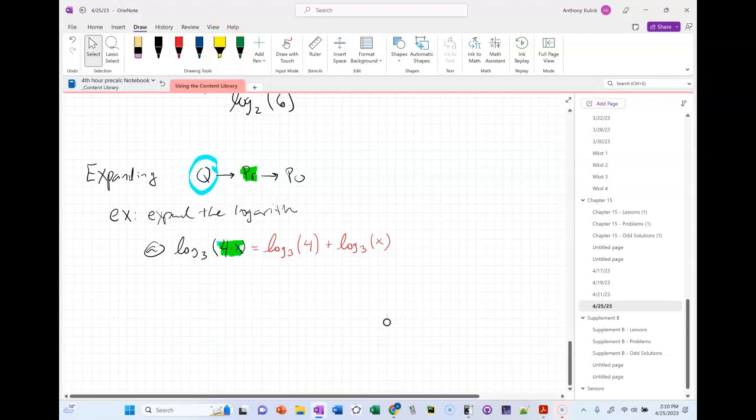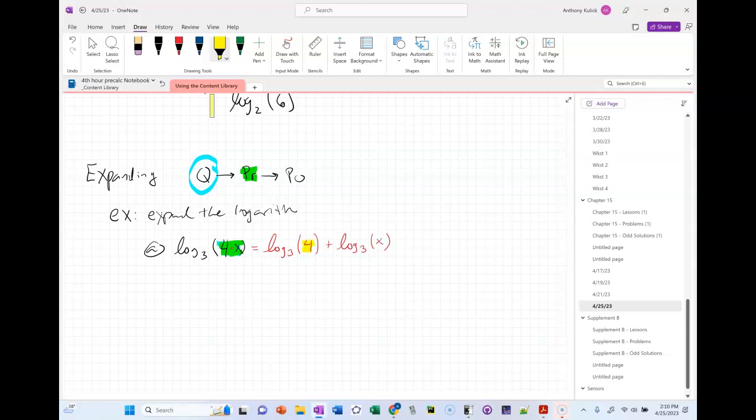Now I'm going to take a look at each of these logarithms and see if there are any power properties on the inside. Do we see any power properties going on? Well, look carefully, because there is one, but I've hidden it because I'm a sneaky jerk. Do you think it's happening with the 4 or with the x? It's with the 4.